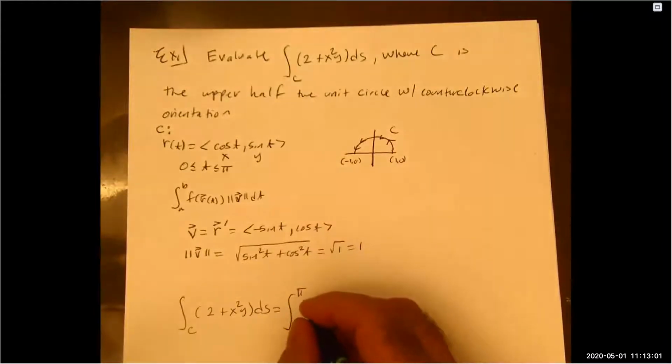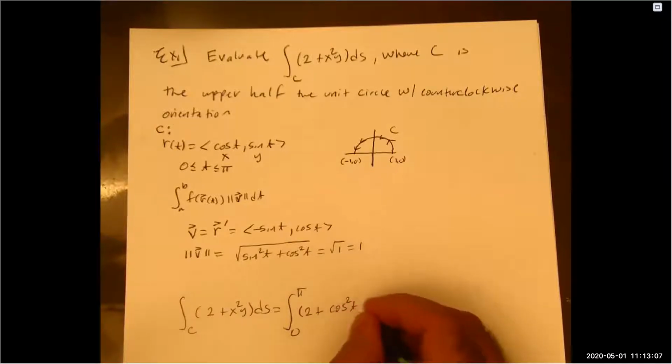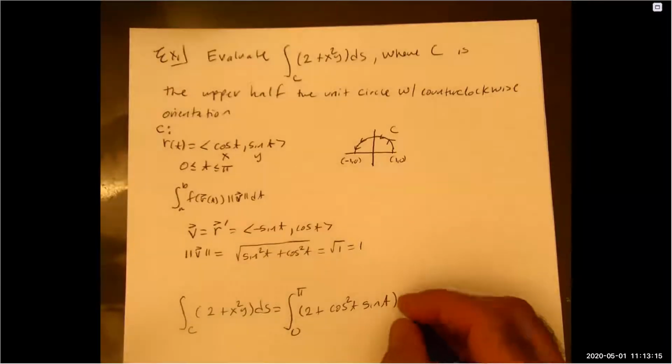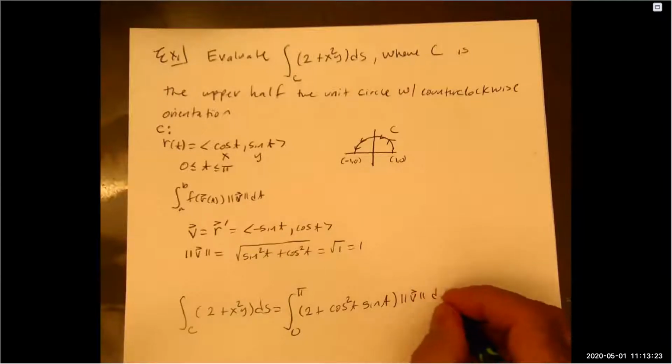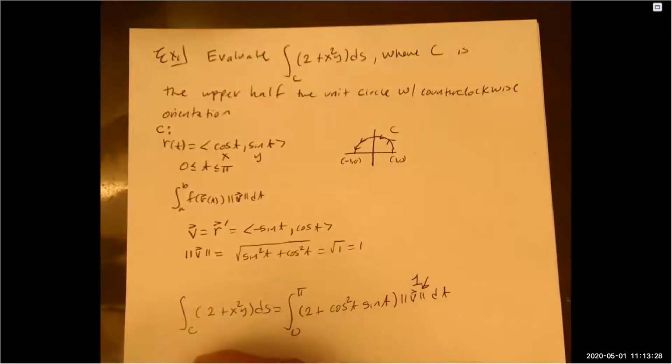So we're going to get 2 plus cosine squared of t sine of t. And then we multiply that by the magnitude of v, which is 1. And so we're just integrating from 0 to pi, 2 plus cosine squared of t sine of t.